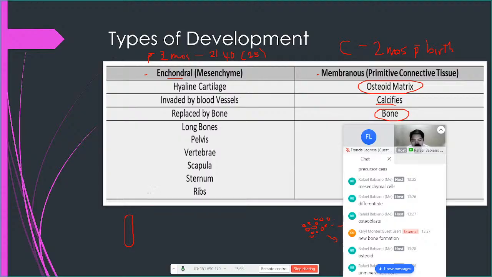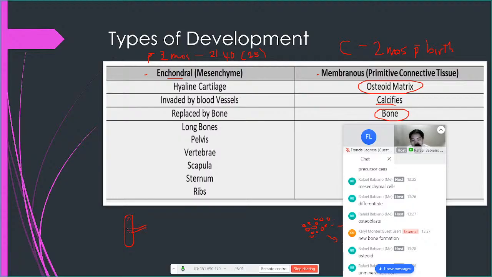Now, what happens? As I said, it starts as a cartilage. In your cartilage, there are also mesenchymal cells. Same process: once the mesenchymal cells in the cartilage receive a blood supply, they will differentiate into osteoblasts. Osteoblasts will make bone, bone forming cells.